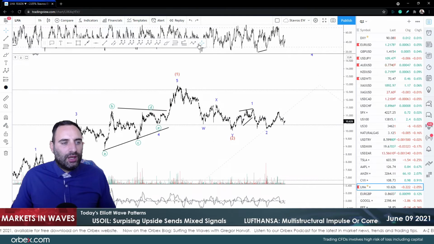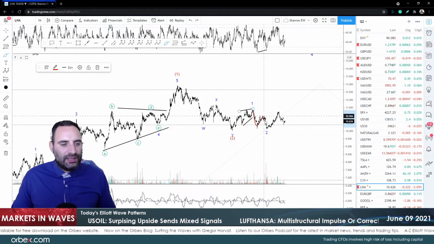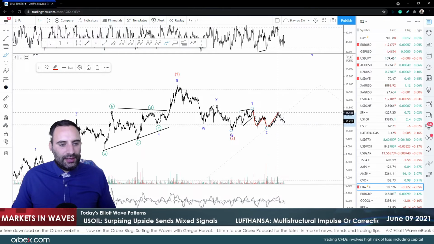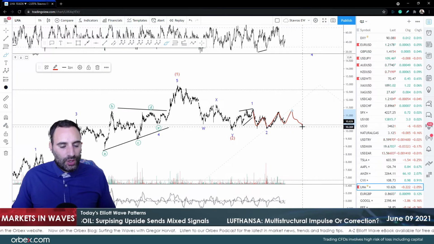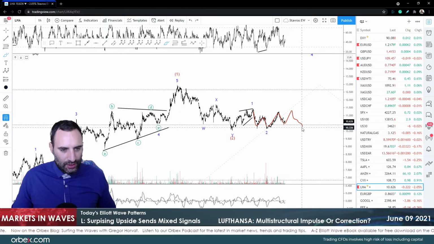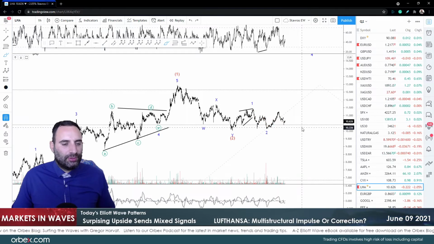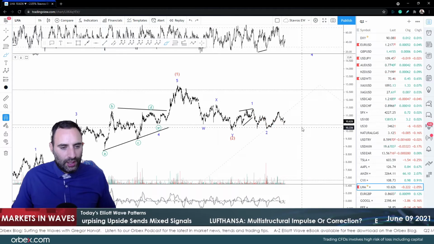However, guys, this could be simply an ABC, and then that could be another ABC, and then we can get 1, 2, 3, 4, 5. Who knows? Or we can get another ABC. That's going to be a W, X, and Y, zigzag, triple zigzag, like a simple one, or it could be a complex one.